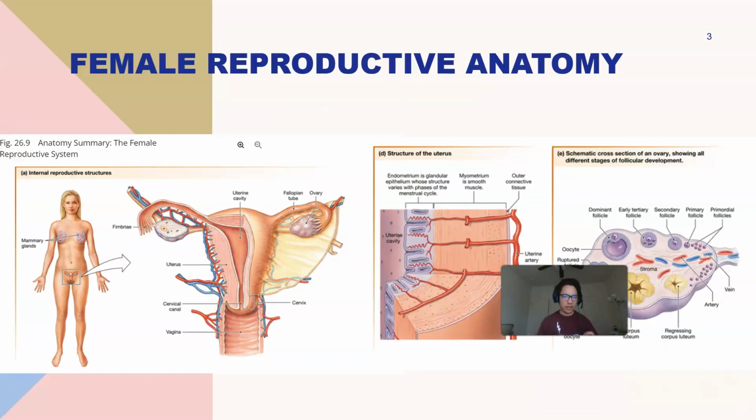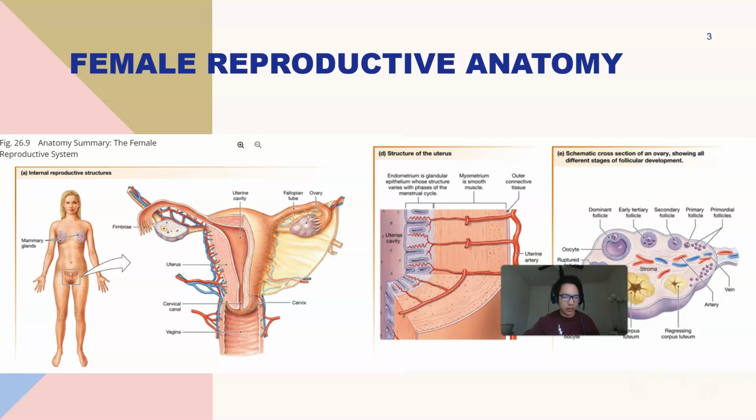So let's talk about the what and the where. These are multiple images of female reproductive anatomy. Obviously, men don't have these exact mechanisms or organs, but what makes women unique is their reproductive organs and their homeostatic regulation of these organs with specific hormones.